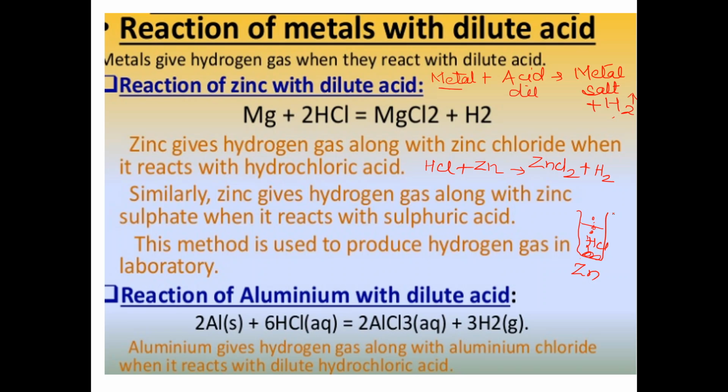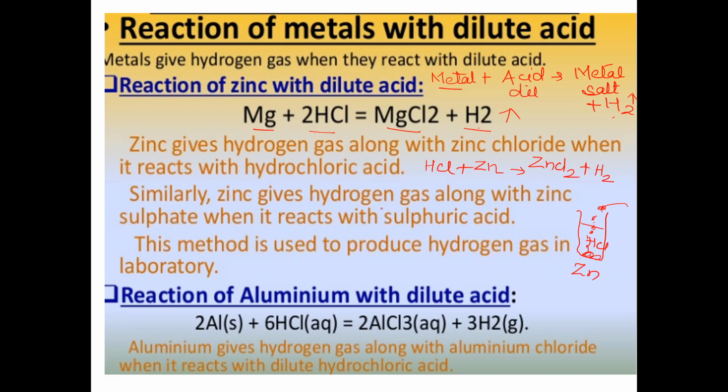If these bubbles are collected and you bring a burning matchstick near this gas, it burns with a popping sound. Similarly, magnesium on reacting with HCl forms magnesium chloride plus hydrogen gas. How will you test hydrogen gas? It burns with popping sound.